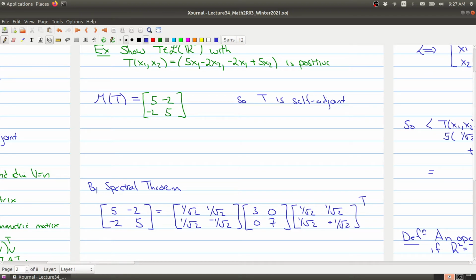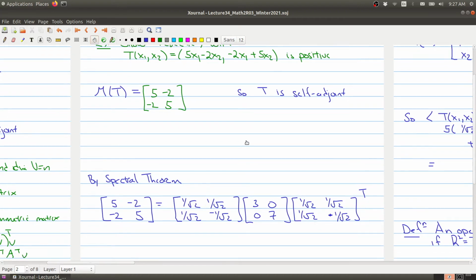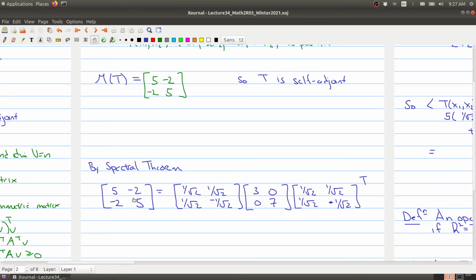I'll explain what I've done here: the spectral theorem says that when you have a symmetric matrix, you can find an orthonormal basis such that with respect to that basis, you get a diagonal matrix. So this is the diagonal matrix that you would have got from the spectral theorem.